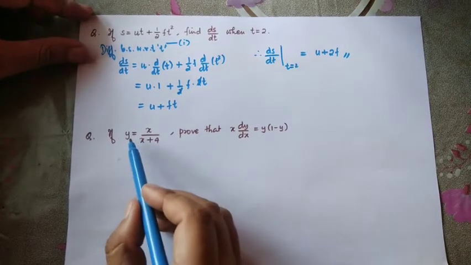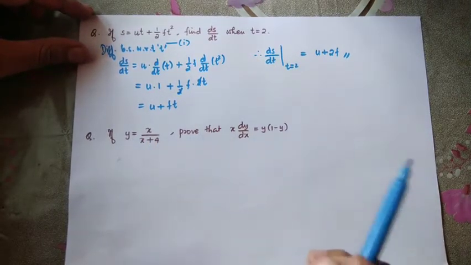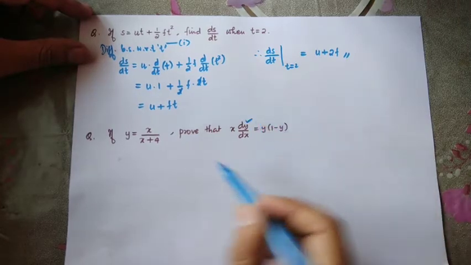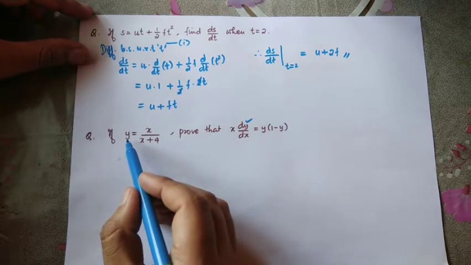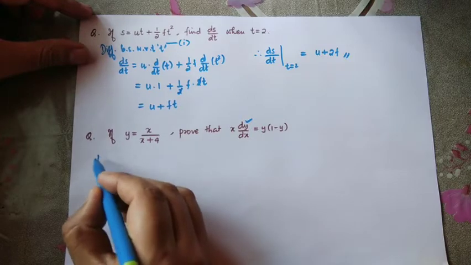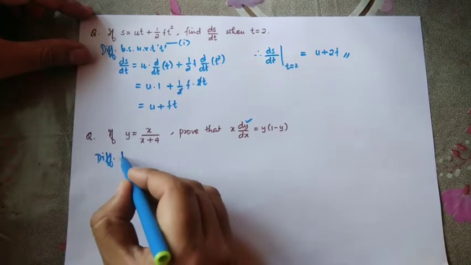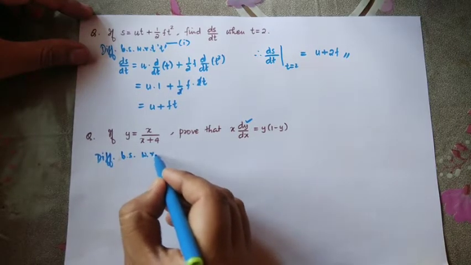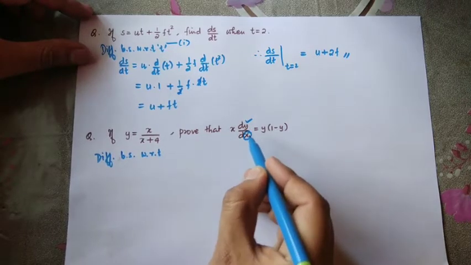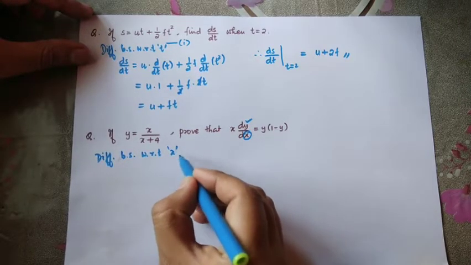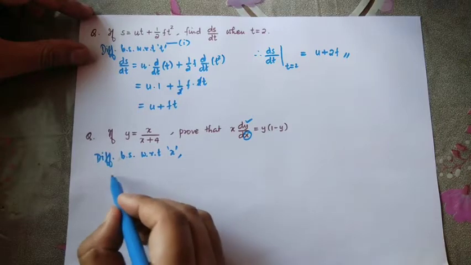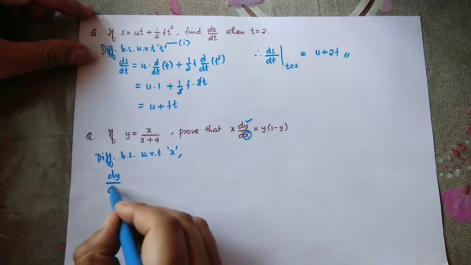The question says if y is equal to x by x plus 4, we need to prove this. Here we have dy by dx, so we will find dy by dx from here. Differentiating both sides with respect to x, the variable is x, we get dy by dx.